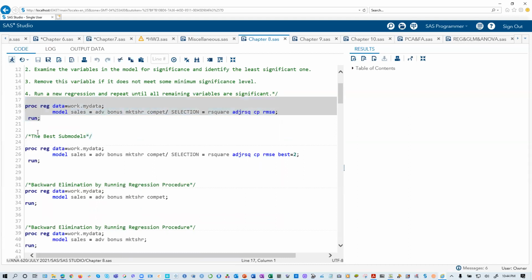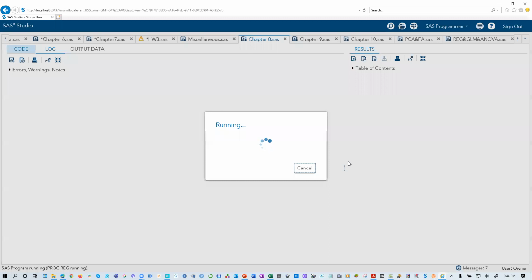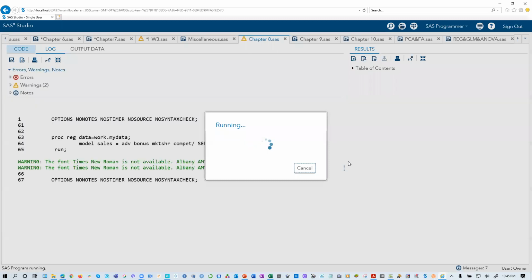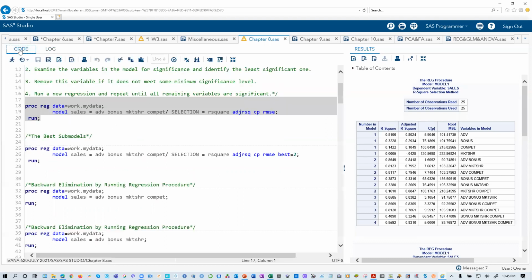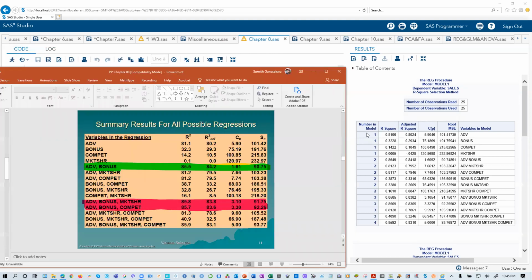Now, if you run this one, all possible ones, it's going to show nicely. You go over there, go to selection and get that one. It's going to show exactly the way that we have over here. R squared, 0.8106. Adjusted one.